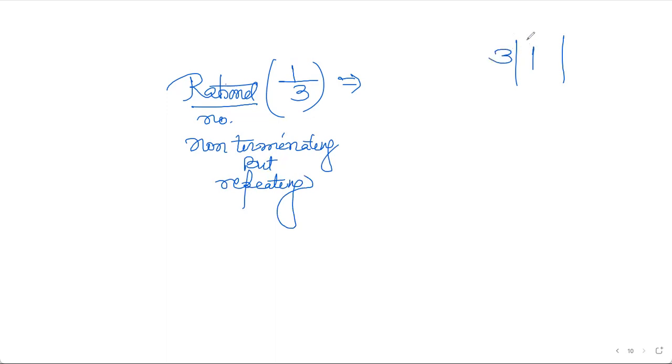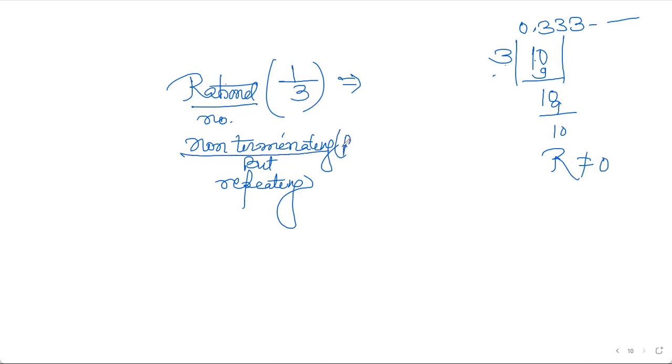Just see, 3, 1 is less than 3, so 0 here. Put a 0, put a point here. So 3 3s are 9. And this starts repeating from here only. I'm finding the remainder is not equal to 0. Therefore it is non-terminating because remainder is not 0. And it is repeating, 0.33333.